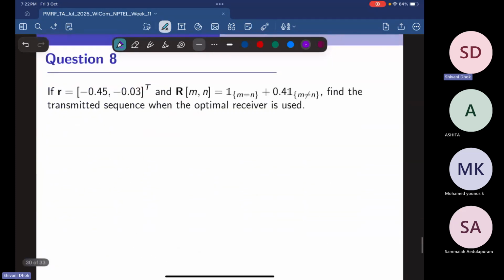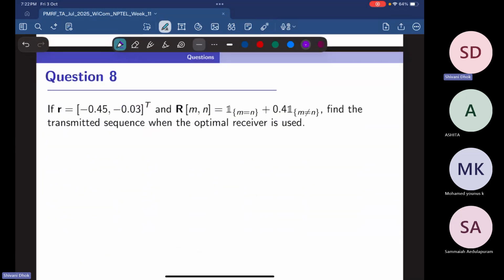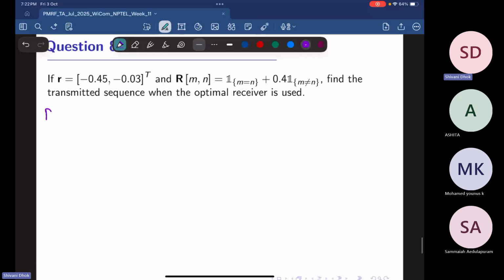Okay, so question number 8 says your r vector, that is the signal that you're receiving, so received signal, is r equal to minus 0.45 and minus 0.03.